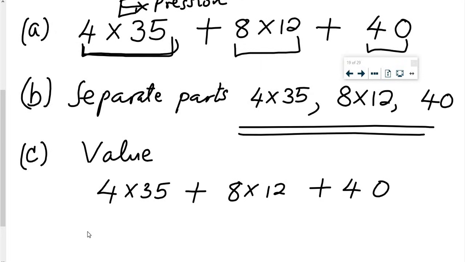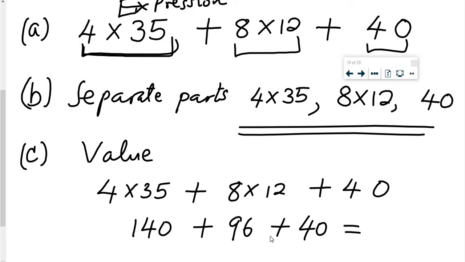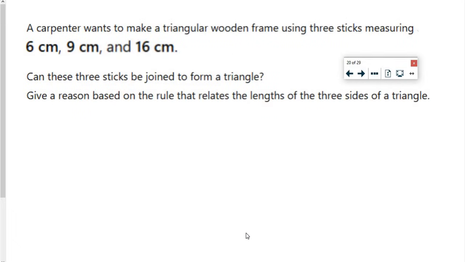What do you think the value will be equal to? 4 into 35, that will be 140, plus 8 into 12, that will be 96, plus 40. And when you add all this, you're going to get 276 rupees. This will be the amount of money to be paid by the parent. The next question.